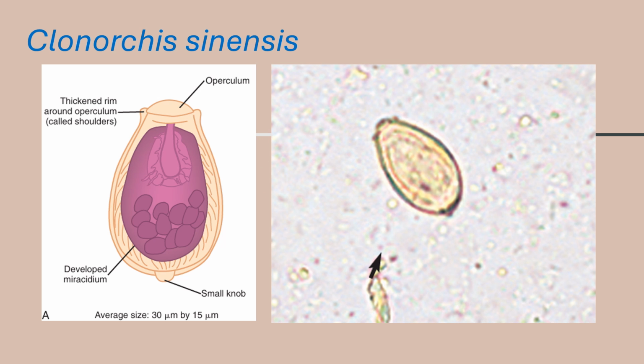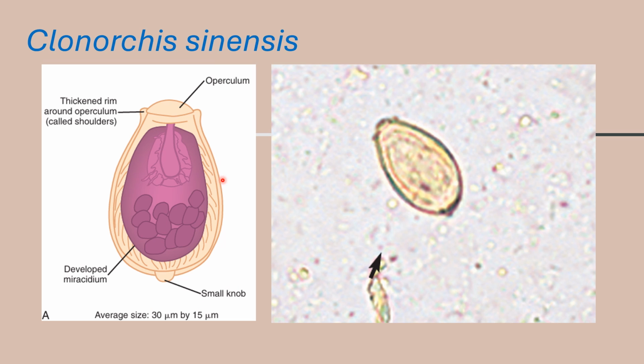This is an illustration of the Clonorchis sinensis ova. There is a thick rim here, called the shoulder. Please note that inside is the miracidium.